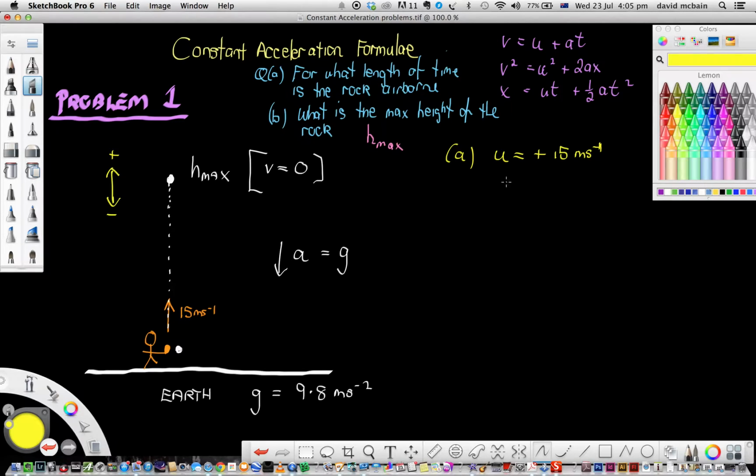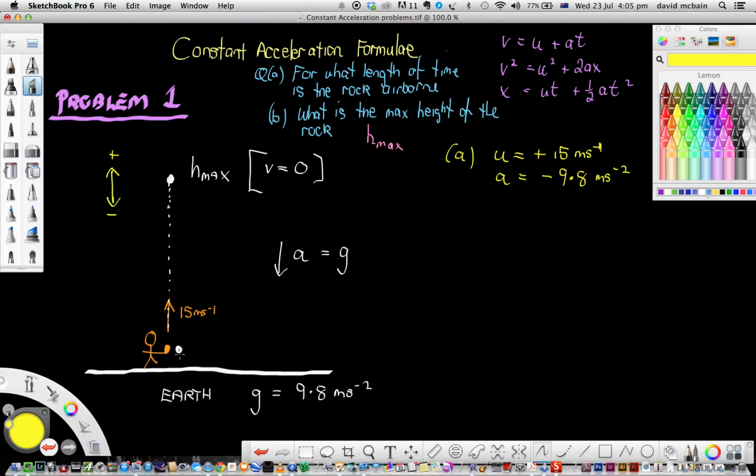We know that the acceleration due to gravity is acting in the negative direction, so it's actually equal to negative 9.8 metres per second squared. And the only other thing we know is that when the ball returns to its original spot, it's as if it hasn't gone anywhere. In other words, its displacement or change in position is 0.